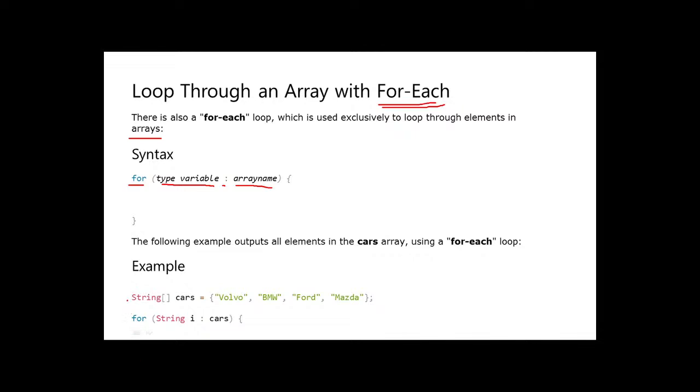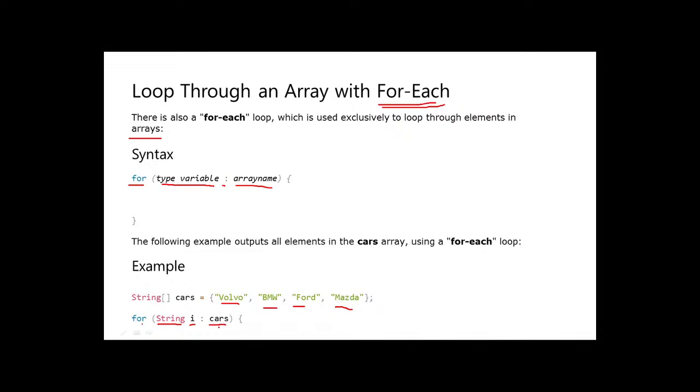Okay, this is the example. String cars: Volvo, BMW, Ford, and Mazda. And then you have the for, then you just declare a string, and then your index I in the variable I, and then a colon, and the name of the array.